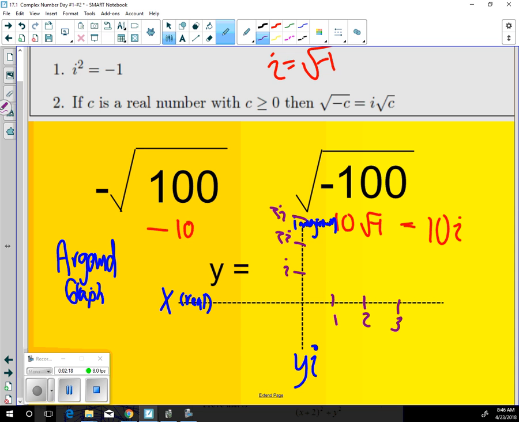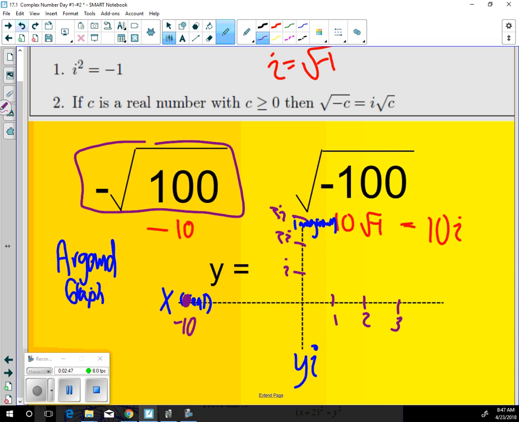So if we were to graph this thing, negative square root of 100, that's going to be down here somewhere at negative 10. Where would the square root of a negative 100 be? Which axis would it be on? It wouldn't be down there.